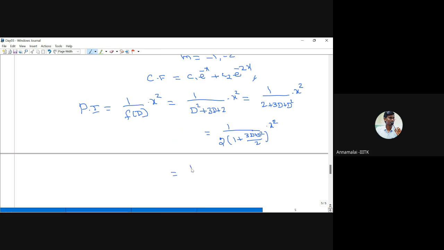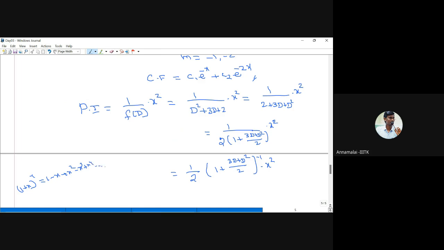So therefore 1 by 2 times (1 plus (3D plus D square) by 2) whole power minus 1 into x square. And we know the formula: (1 plus x) power minus 1 is alternately plus and minus: 1 minus x plus x square minus x cube plus x power 4 and so on.